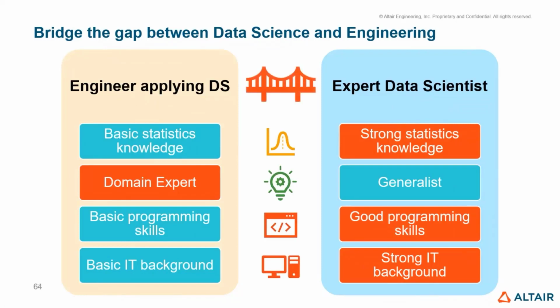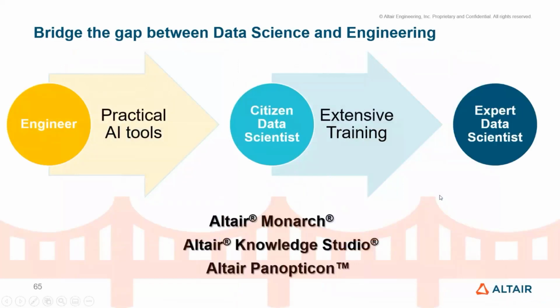The only way is that either you learn all this skill set and become an expert data scientist, or you leverage your domain expertise and take benefit of some practical AI tools. With Altair you can leverage Monarch for data engineering, Knowledge Studio for data science, and Panopticon for data visualization.